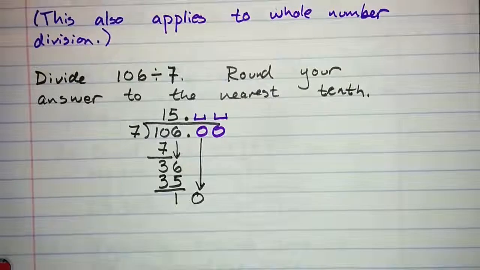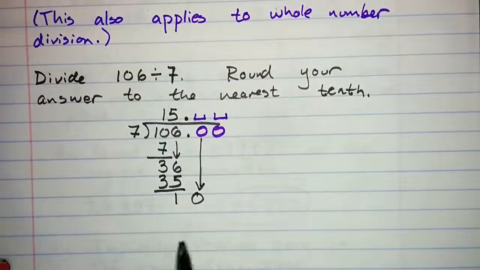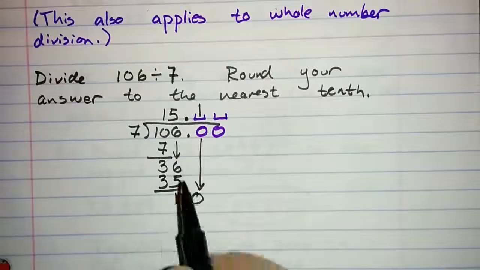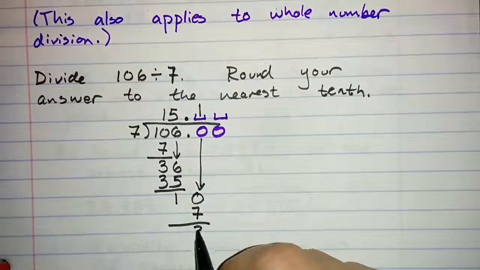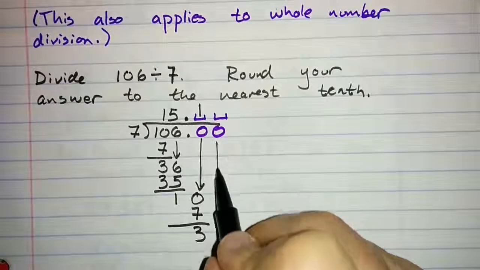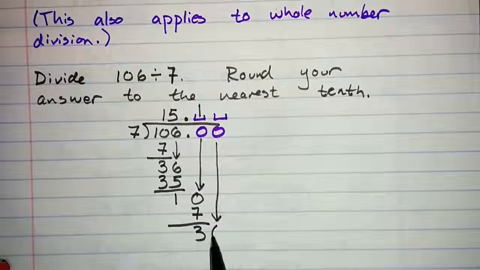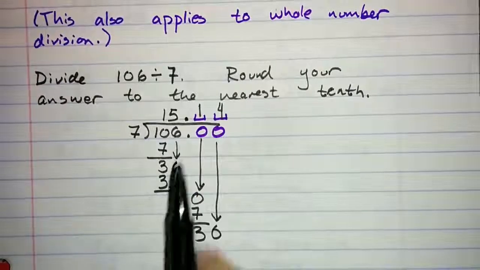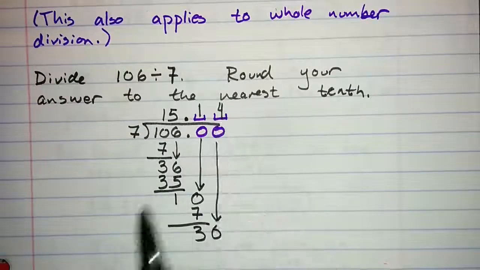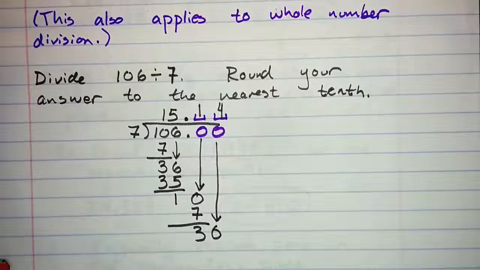Bring down the first 0 I've written in. 7 goes into 10 once. 1 times 7 is 7. Subtract. 3 remains. Bring down the first 0. 7 goes into 34 times. And now that I've written this digit, I can stop.